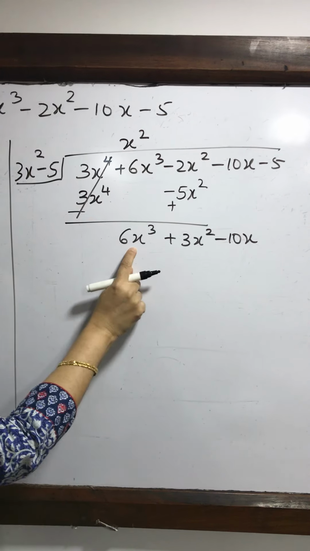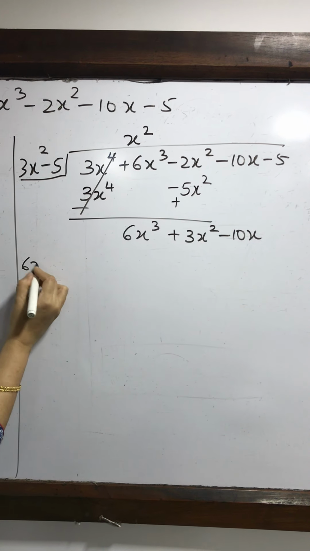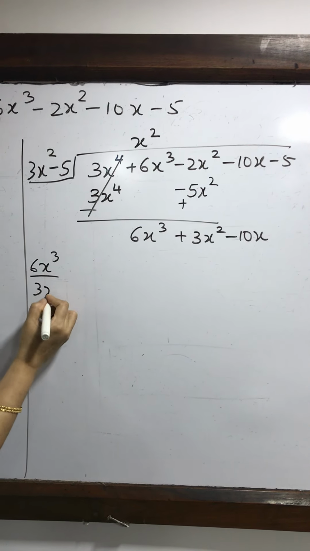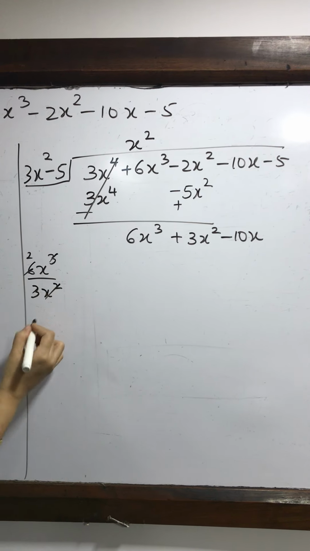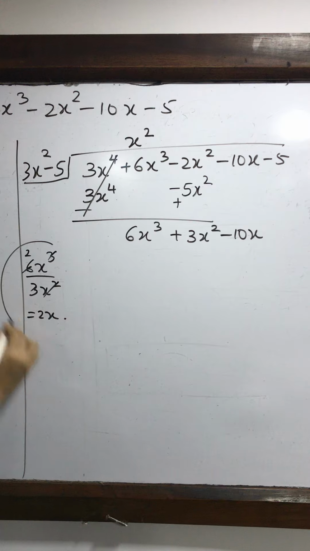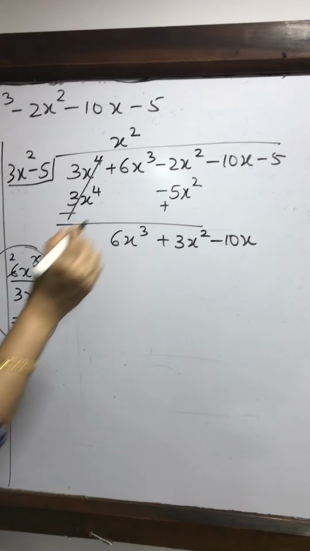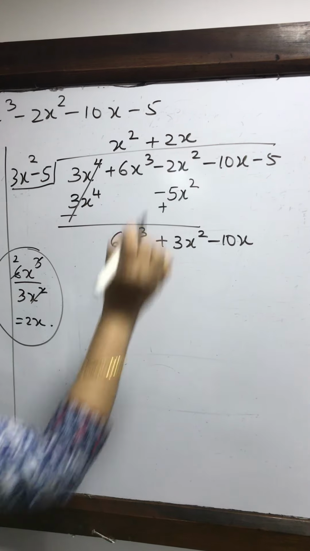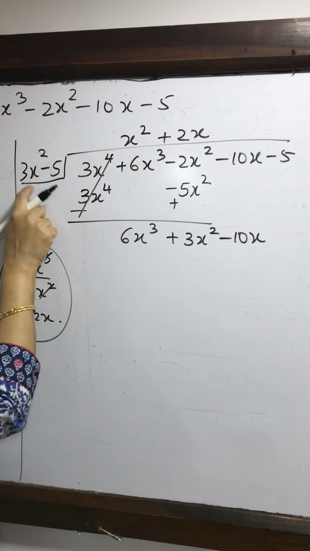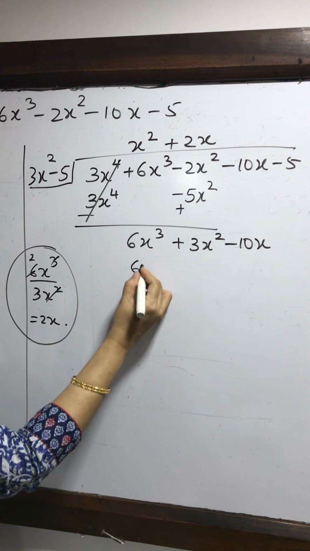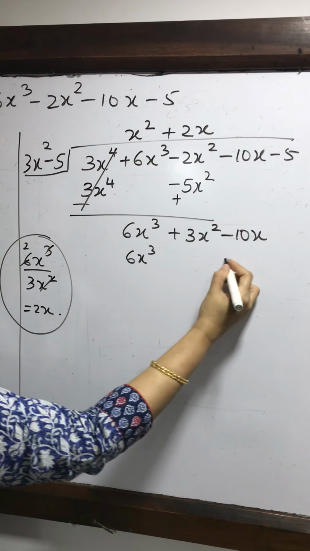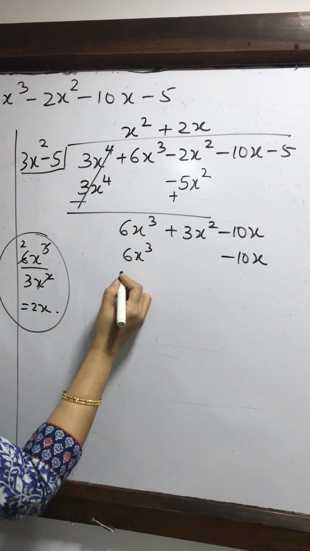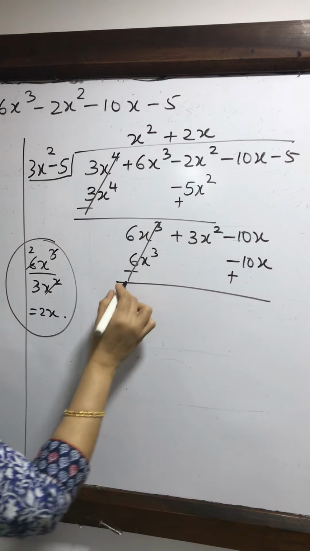The next term we will obtain by dividing 6x cube with 3x square. This will cancel, 3 2s are 6, so we are left with 2x. So 2x becomes the second term of the quotient. We multiply 2x with 3x square, so that becomes 6x cube minus 10x, which we will write here. Change sign, this will cancel.